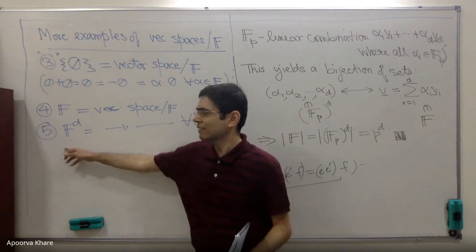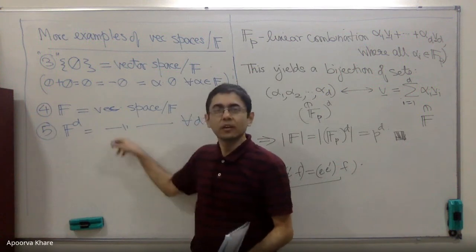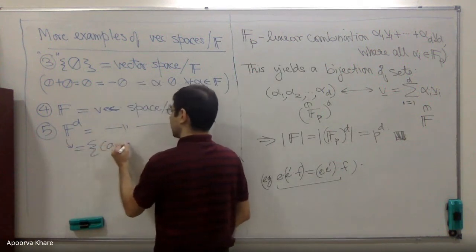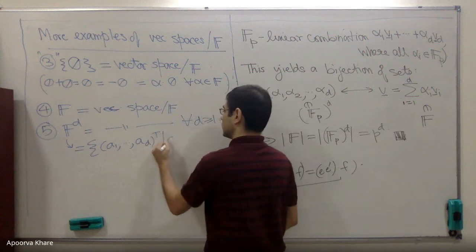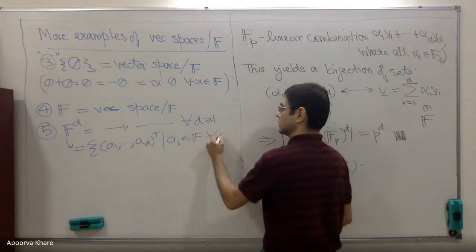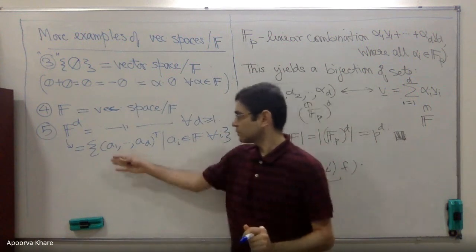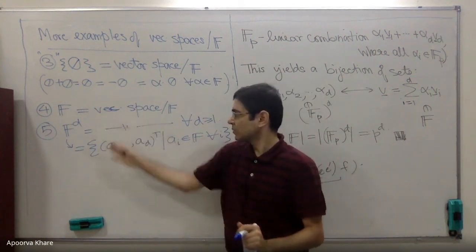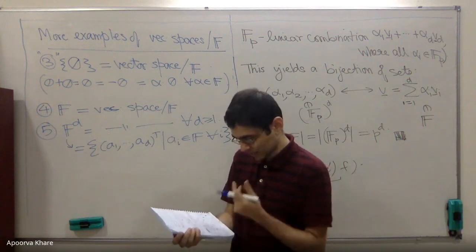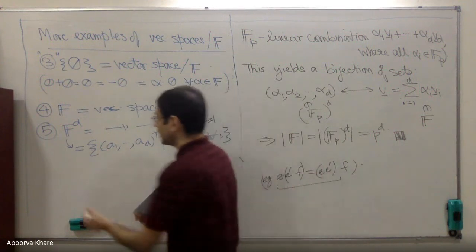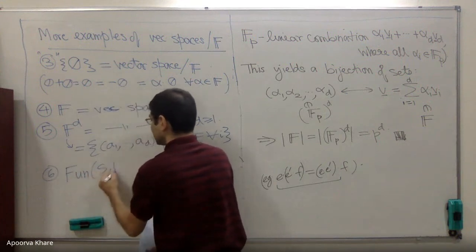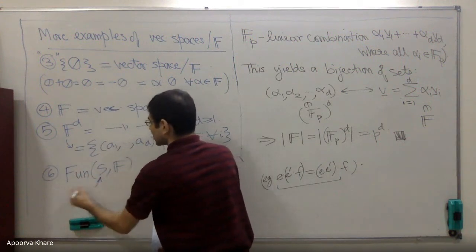You write down elements as (a1, a2, ..., ad) transpose, and then you define addition coordinate-wise, scalar multiplication coordinate-wise, and so on. So this is exactly what we did for R^n last time. Similarly, another example that we saw last time: take any set S and look at all functions from S to F.